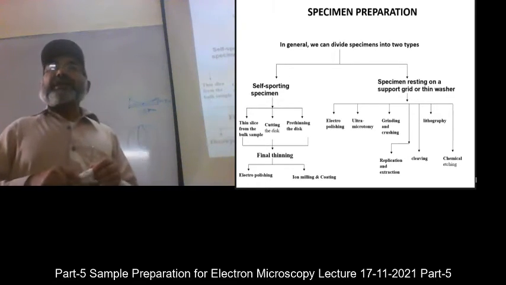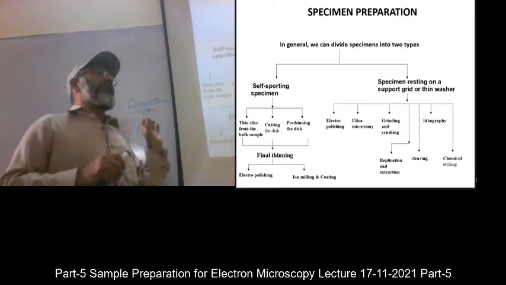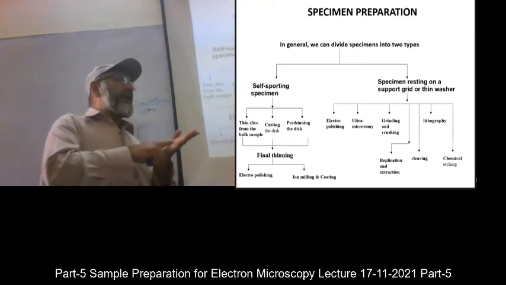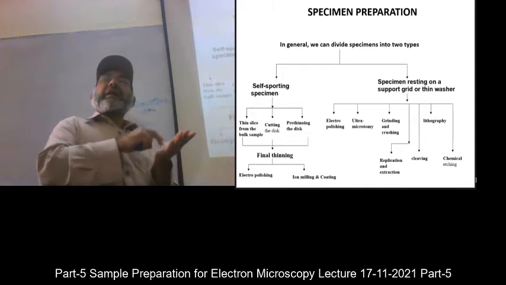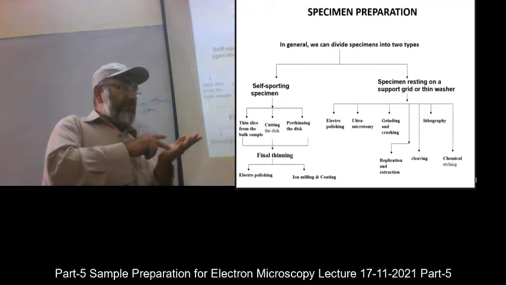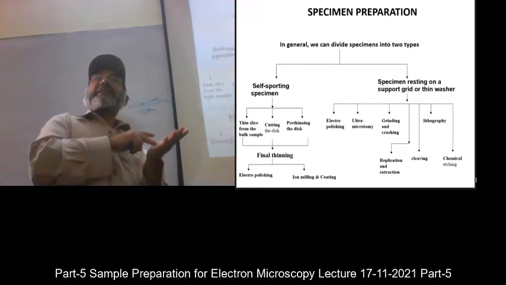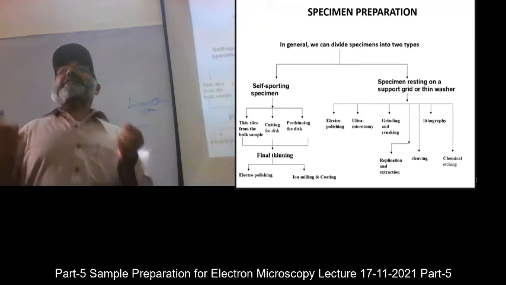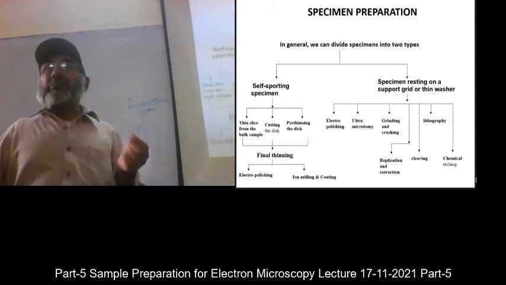And another important thing is that if you are using very fine cloth, and the diamond paste is softly grinding the middle of the sample, then the sample appears as finely polished as well.